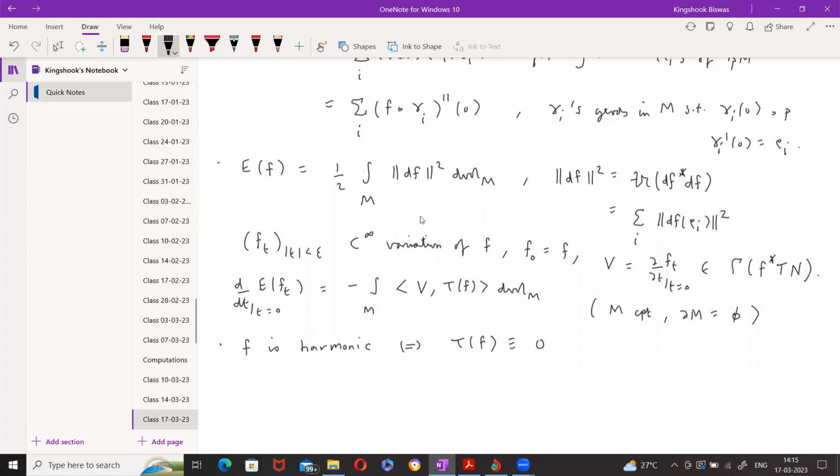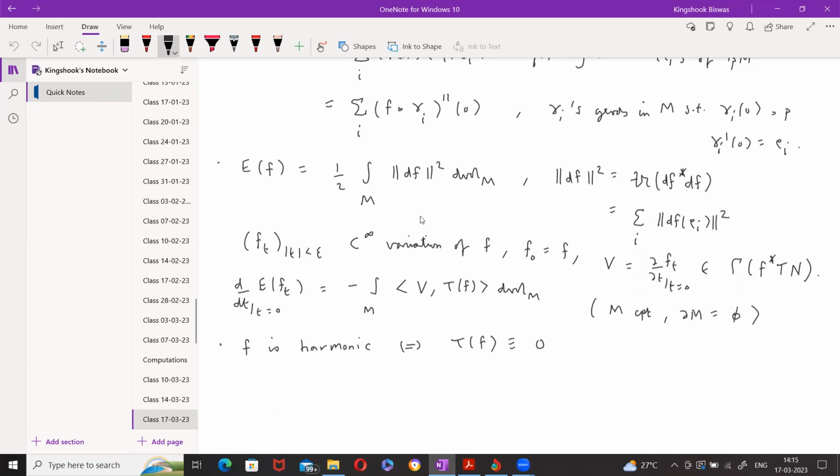So we are going to assume M is compact without boundary. Although the definition of harmonic makes sense for any Riemannian manifold. If it's non-compact or has boundary, then the tension field will be 0 if and only if the first variation of energy is 0 for all smooth, compactly supported variations. So you take variations which are constant outside a compact set which is disjoint from the boundary. Okay, is that clear?